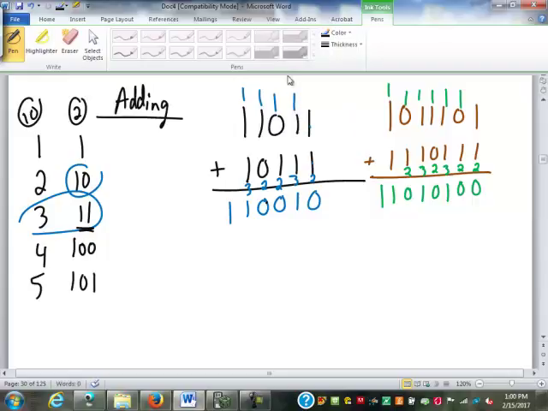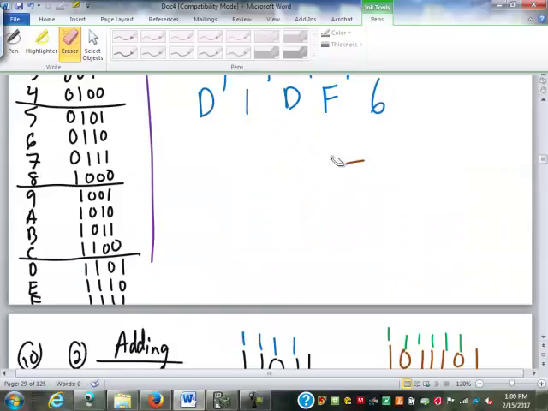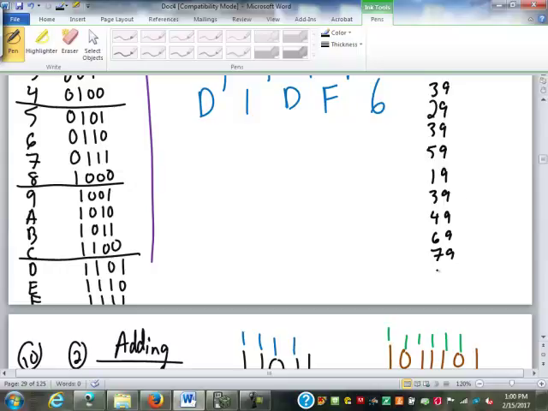Now, I'm going to show you something that we sometimes miss when we're dealing with our base 10 numbers. If I have to add, I don't know if I can even write enough of them out here. 6, 7, 8, 9, 10, 11.